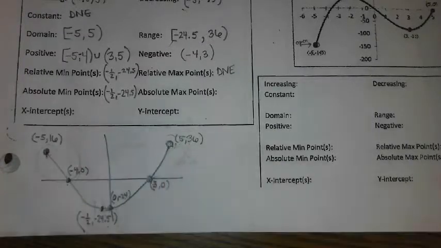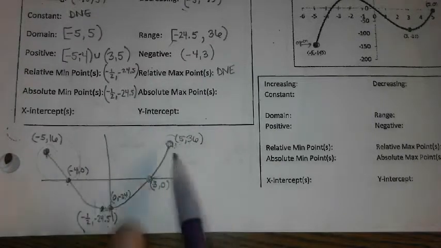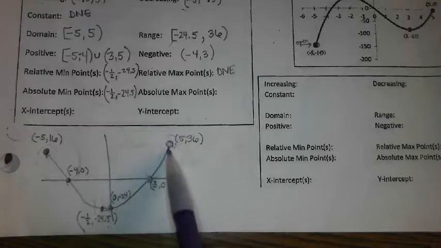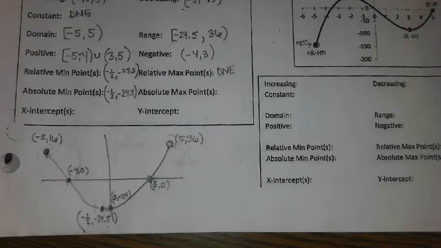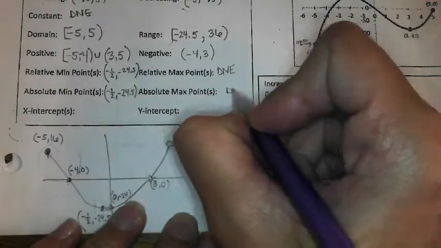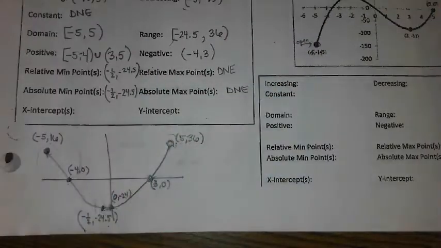Something like that, but we can't quantify that because truthfully, the absolute maximum this reaches is getting infinitely close to 36, like 35.9 repeating, but without actually being a solid value that we could quantify. So with an open circle there, we actually would say that this does not exist either, which is interesting.